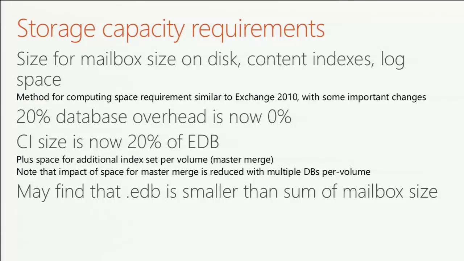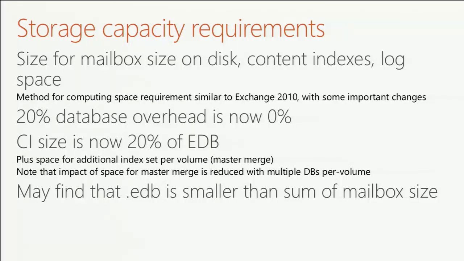So be aware that the EDB file may actually be smaller than the sum of all those mailbox sizes. If you go run Get-MailboxStatistics against all your users, add up your mailbox sizes, that EDB file may be smaller than that sum. That's not a bug. That's the way it is. So we give you a little bit of space back there. We don't actually commit to it being a certain percentage gain, because it's going to vary based on the content in those databases. But there is a bit of a win there.